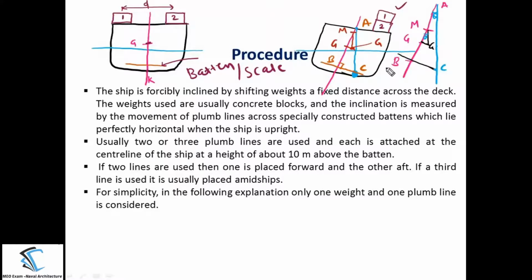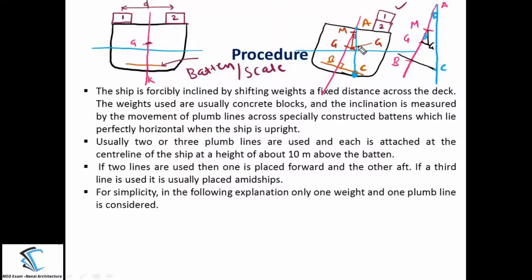Now my task is to measure the angle the ship has inclined towards the starboard side. You can see the vertical line, the blue line, and the center line of the ship, in pink. The angle made by these two lines is the angle of list.